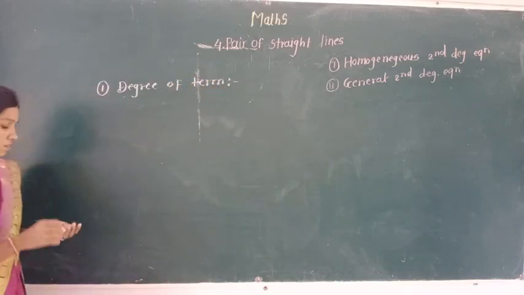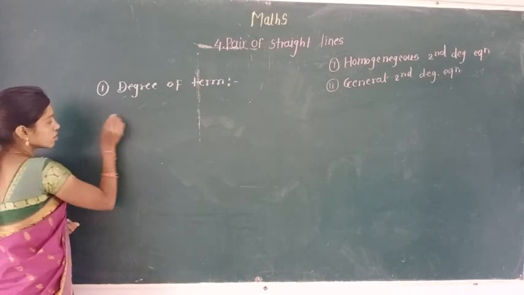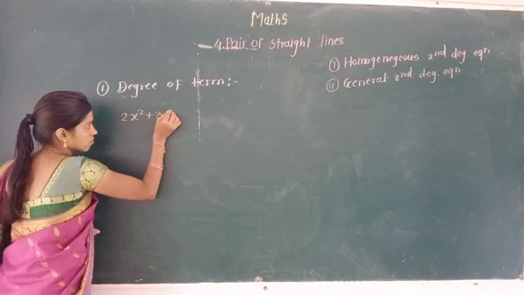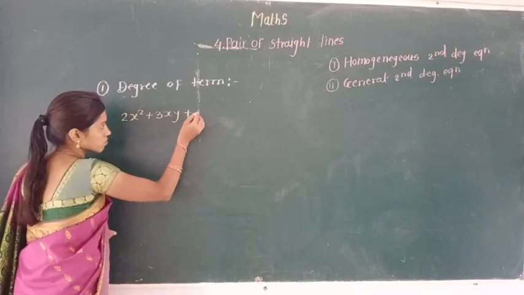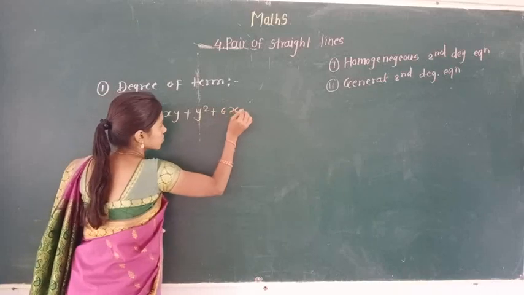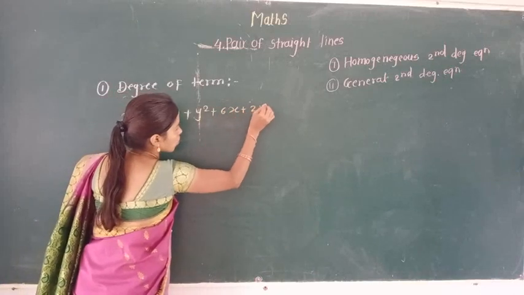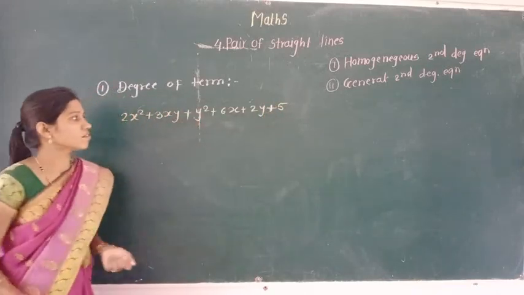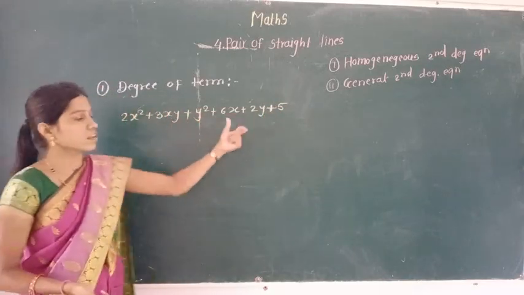Suppose we consider the expression 2x square plus 3xy plus y square plus 6x plus 2y plus 5. Now see, in this expression there are 6 terms.